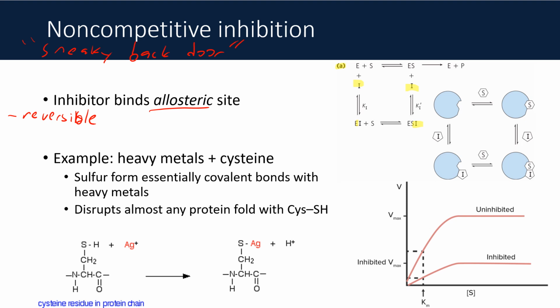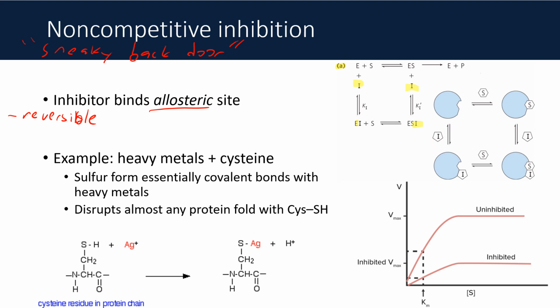So how do we fix this? You may think, well, what happens if we increase the concentration of substrate, like we did with competitive inhibition? But if we look at this kinetic diagram, inhibitor binding proceeds just okay with or without the substrate attached because we're going after a different site. So that doesn't seem to make all that much of a difference.